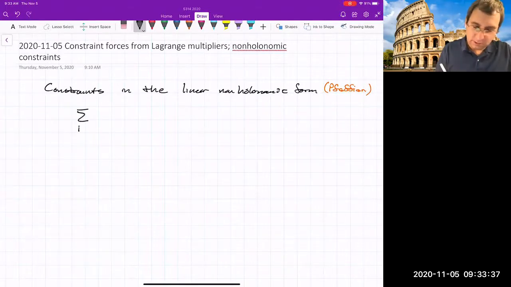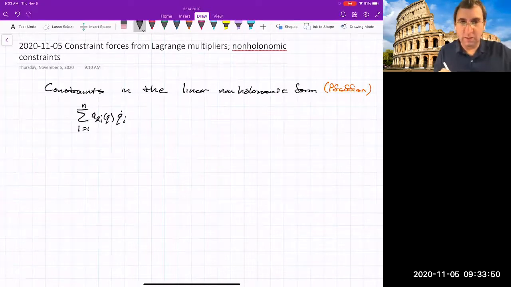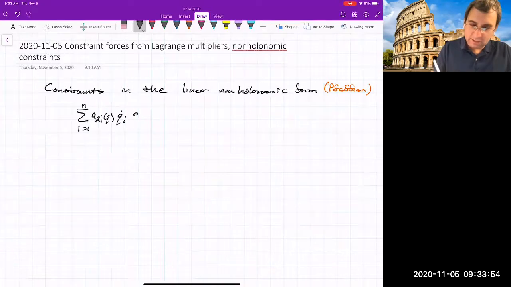And this was where you write things that are linear in the Qi dots, and they have coefficients that we write as ALI, which could be functions of Q. So we're summing over the generalized coordinates. And instead of writing this as Qi dot, I'm just going to say it's dQi dt.